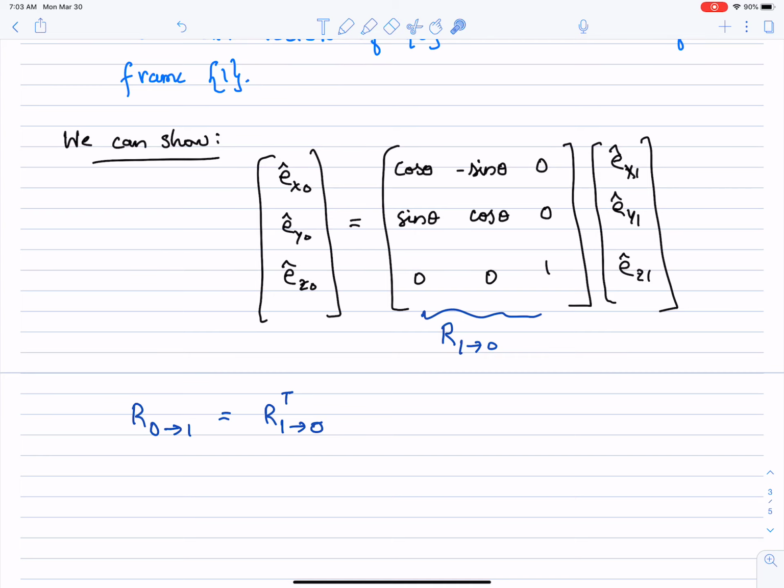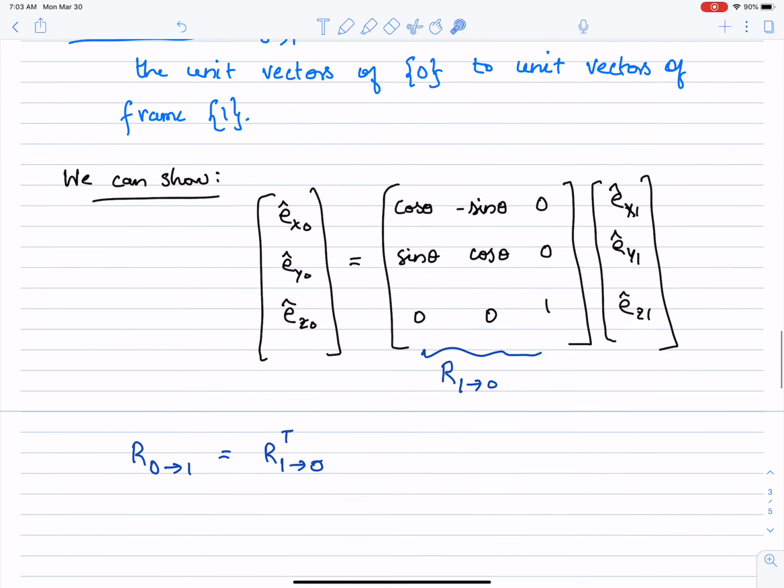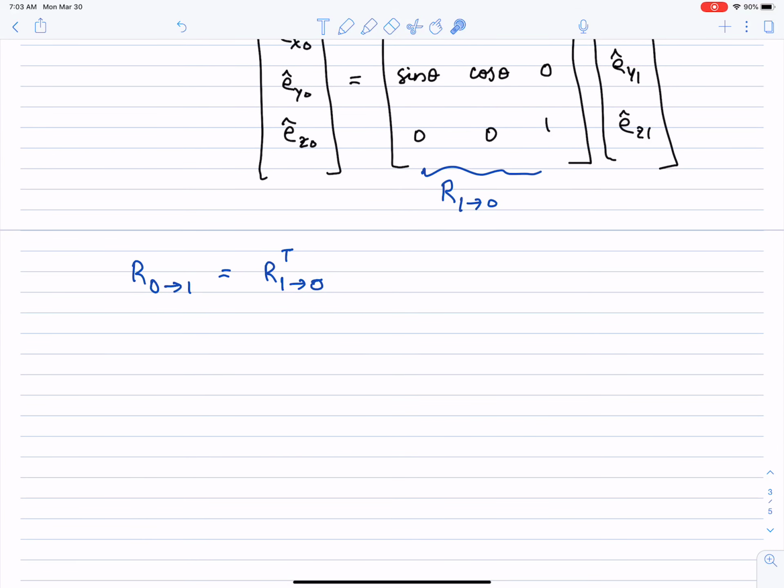Notice that this matrix is just the transpose of this matrix. And it turns out this simple relationship generalizes to all rotation matrices. That is, R0 to 1 equals R1 to 0 inverse equals R1 to 0 transpose. Okay. So that works, it turns out. Okay.